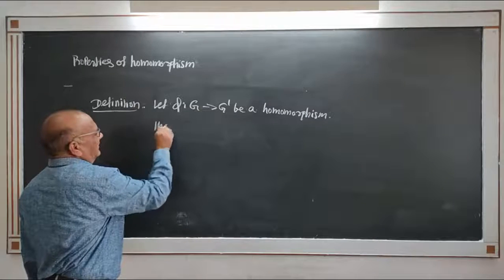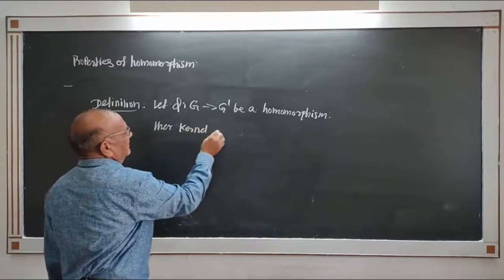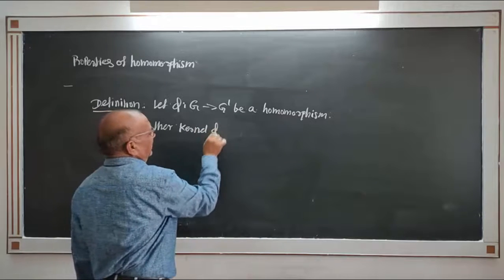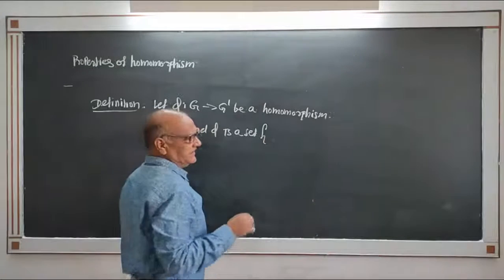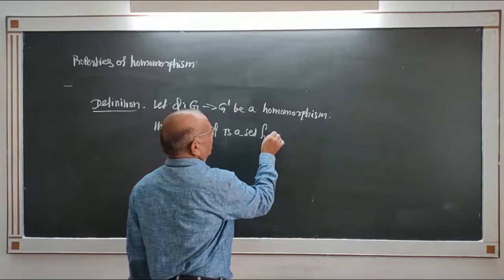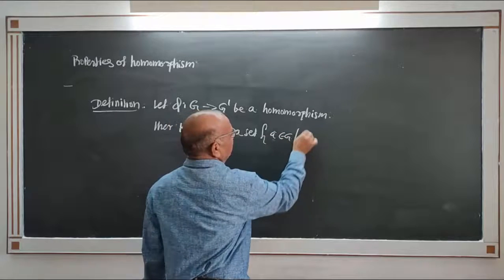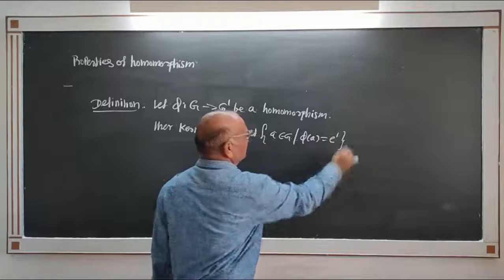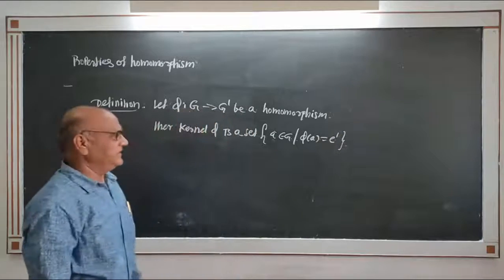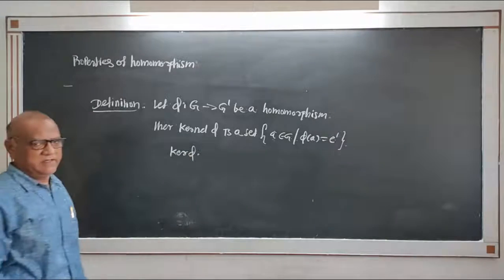Define the kernel of phi as the set of those elements a belonging to G such that phi of a is equal to e', denoted by kernel phi.